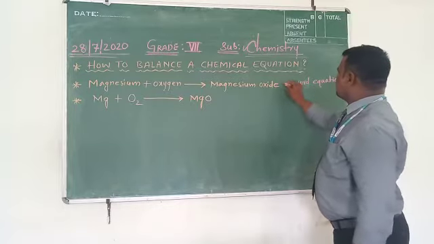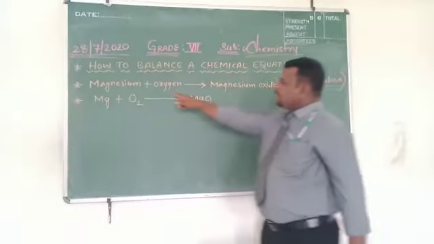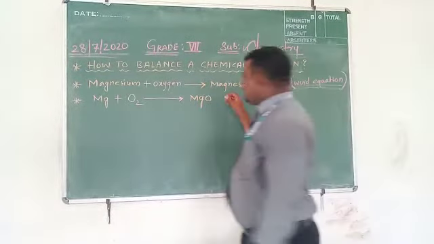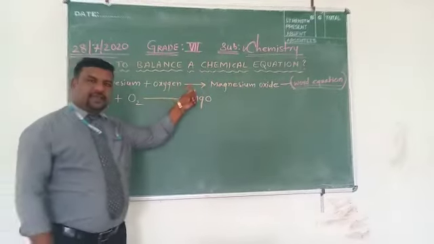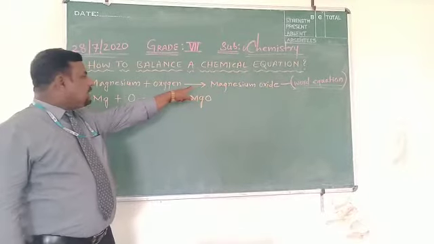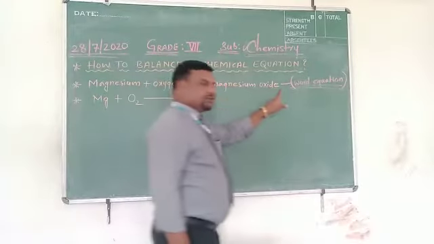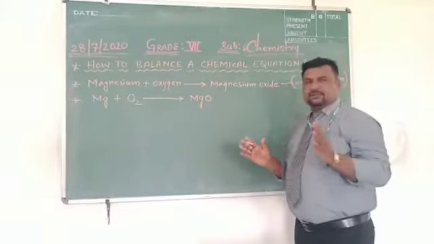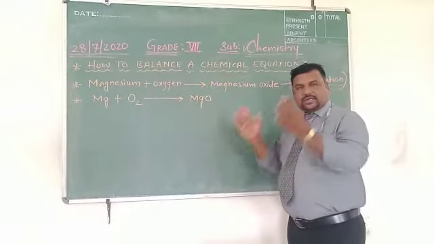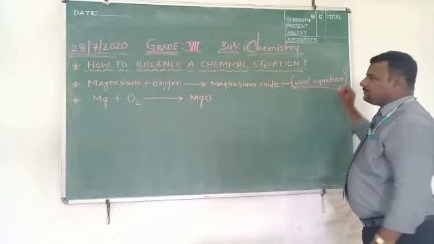This is a word equation because here a chemical change is written: magnesium plus oxygen, and this arrow mark indicates that a reaction is taking place. We call this a word equation because symbols and formulas are not used to represent the chemical change. To show the chemical change, we are writing in words. So we call this a word equation.